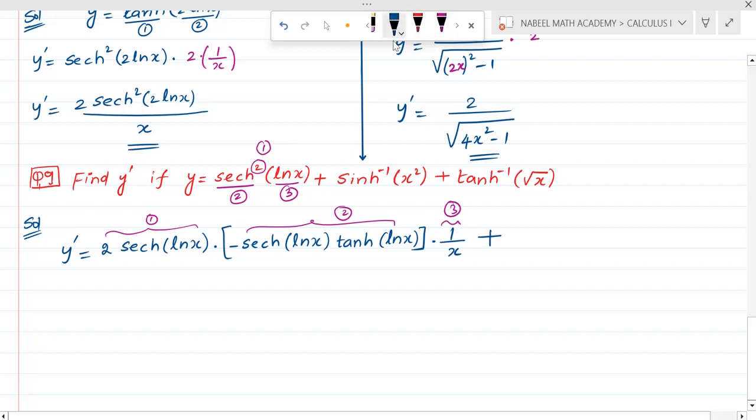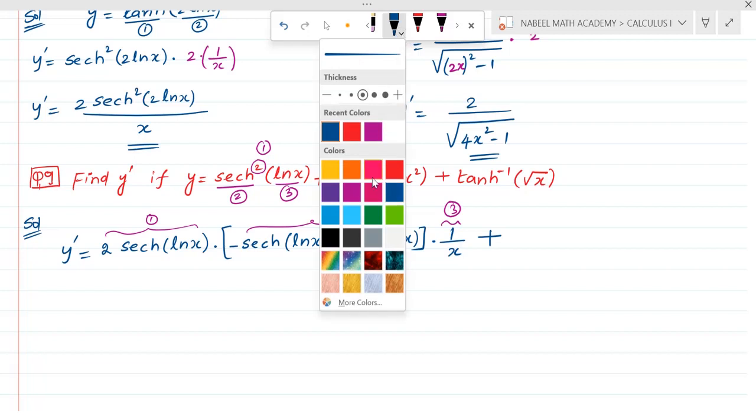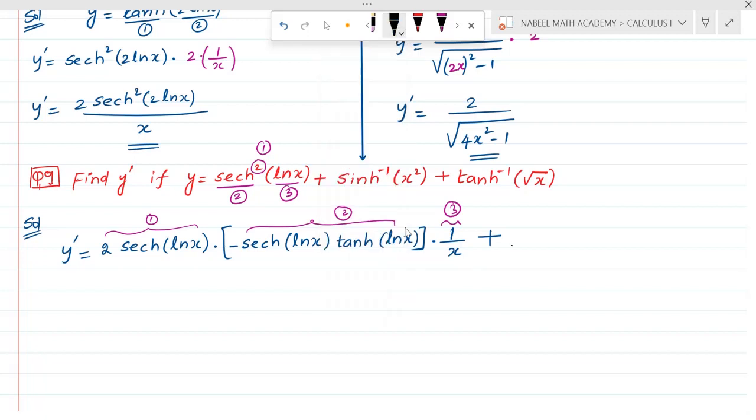Plus, you will have a big plus here. Now I go with the next one, which is this part. First you do sinh inverse of x squared, and then this part. So how will you differentiate this one?